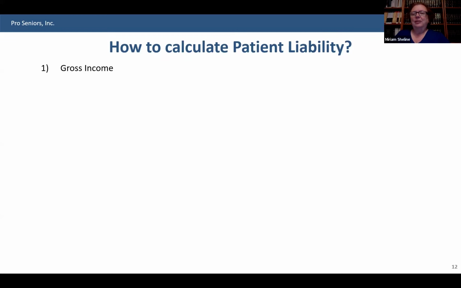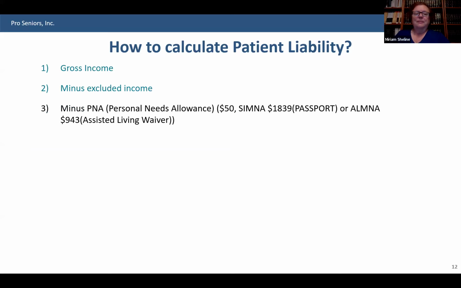So how did we calculate patient liability? This was our formula. You take the individual's gross income, take out any excluded income, and take off their personal needs allowance, which for nursing home is $50, for PASSPORT is $1,839, and for the assisted living waiver is $943. But with the assisted living waiver, remember you still have to pay room and board, so that is a separate deduction of $943 minus $50, or $893.